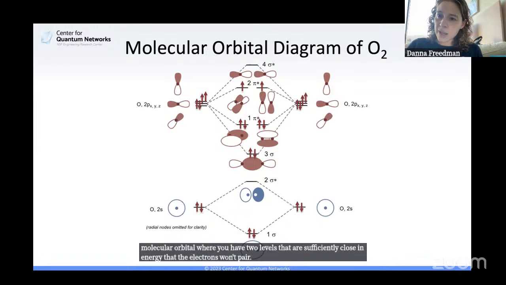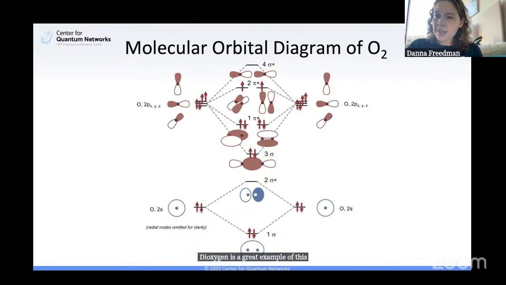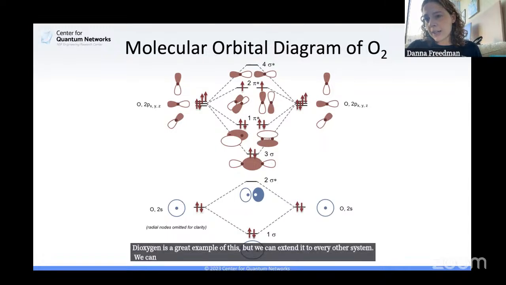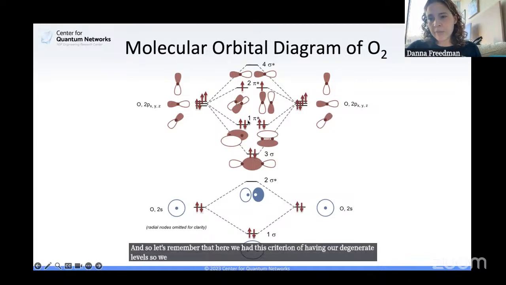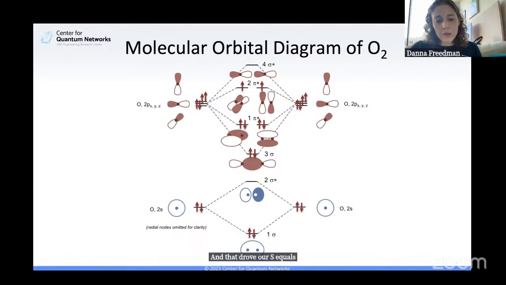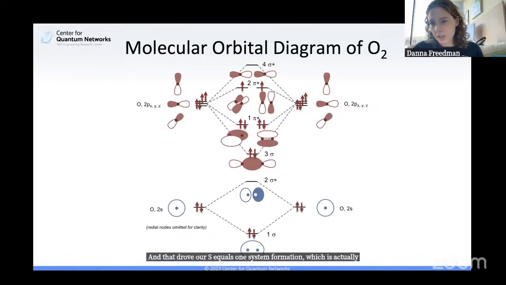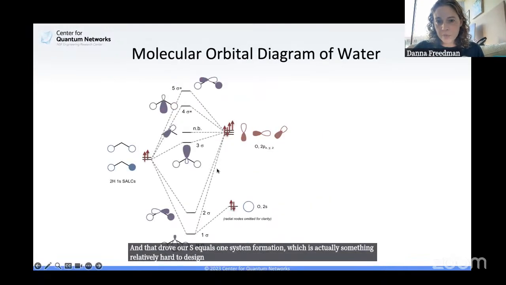Dioxygen is a great example of this, but we can extend it to any solid state material or any molecule. Let's remember that we had this criterion of degenerate levels so we didn't get electron pairing. That drove our S=1 system formation, which is actually something relatively hard to design ab initio.